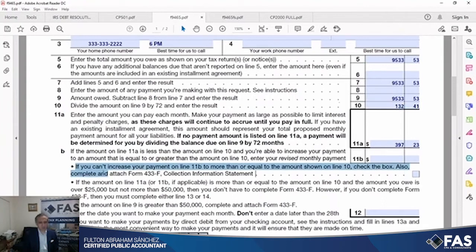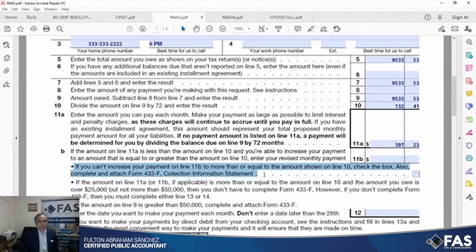We will do a webinar to cover this when we do the offer in compromise. Offer in compromise is an option that taxpayers have when they cannot pay their debt.